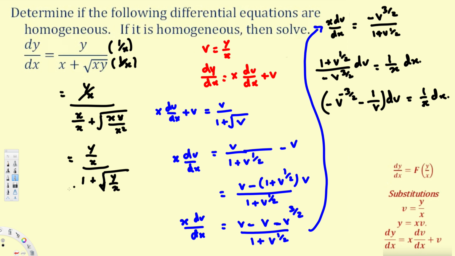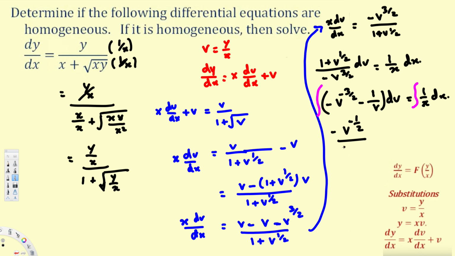Now all we have to do is do the integration on both sides. We have to add 1 more to the power and divide by that power. If we add 1 more to the power, that's going to be minus v to the power, if we add 1, that's going to be plus 2 by 2. That's going to be minus 1 over 2.